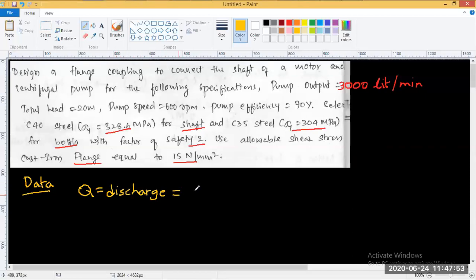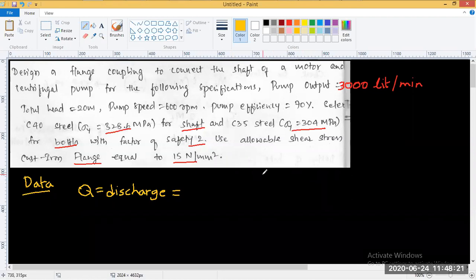This gives us the quantity of how much volume of liquid or water is coming out per minute or second. Usually we convert to seconds. We can use this data, right? There is a Q in power transmitted, so there is one more equation which we can use to find the power transmitted.